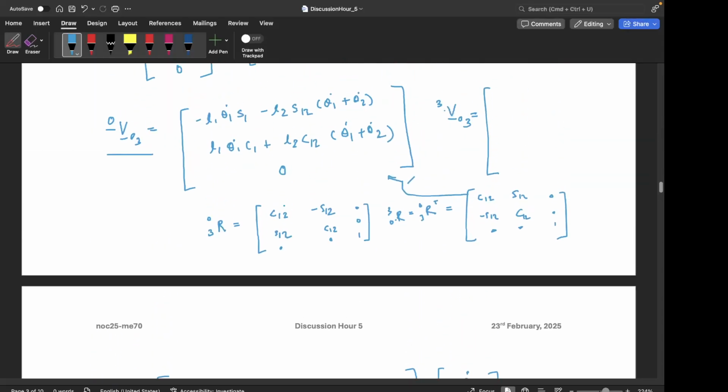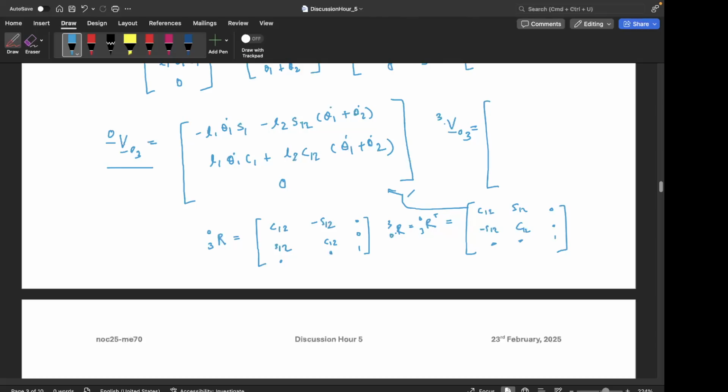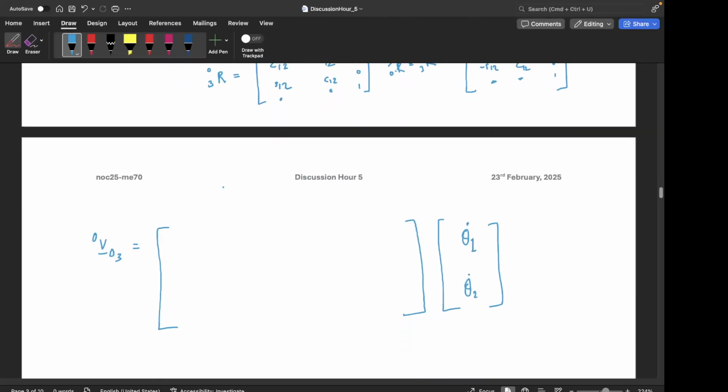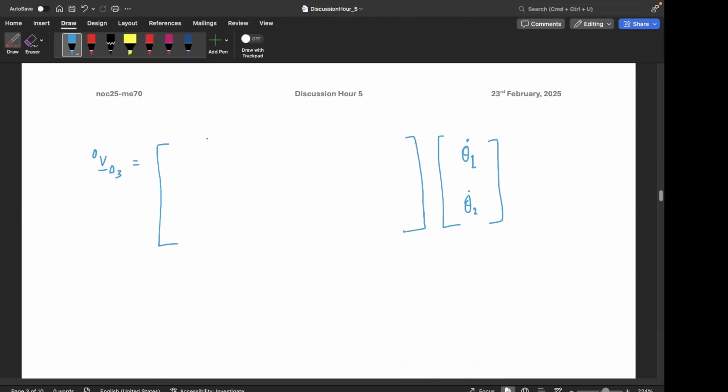So we can reverse engineer that. θ1 dot gets multiplied with the first term here, so collecting the terms with θ1 dot gives us minus L1 S1 minus L2 S12.